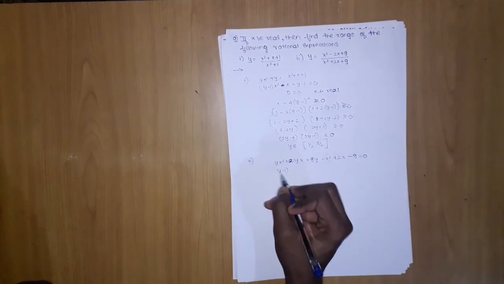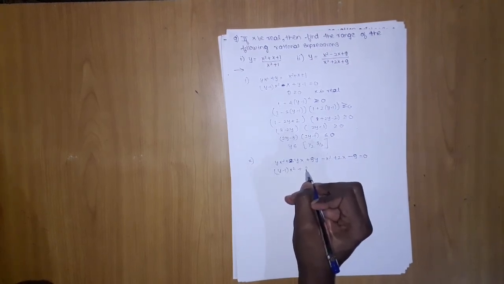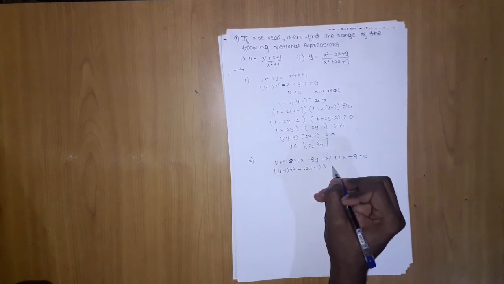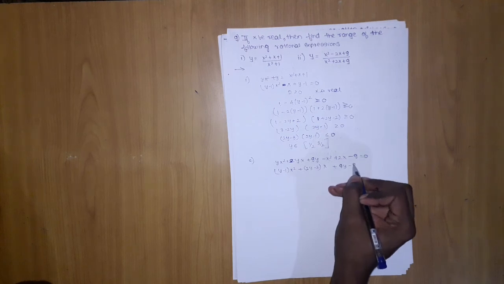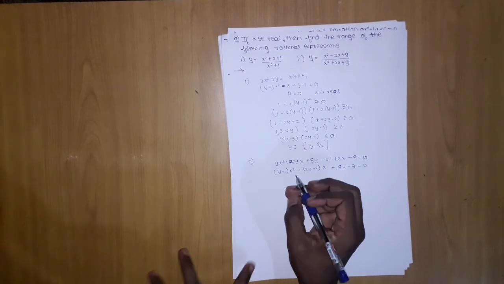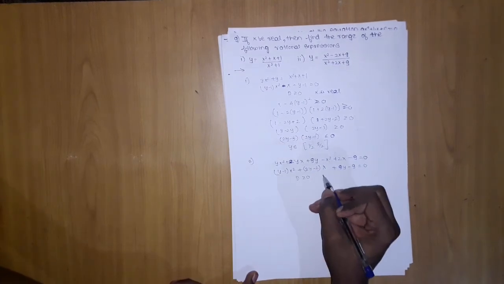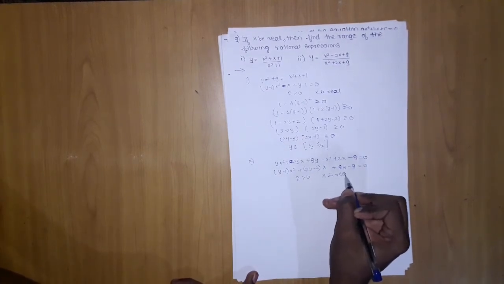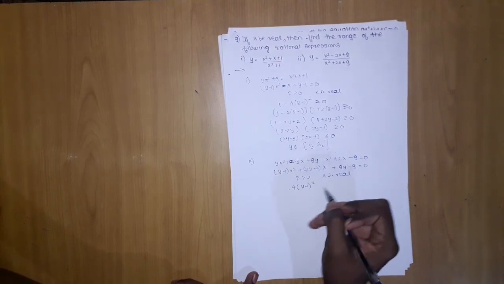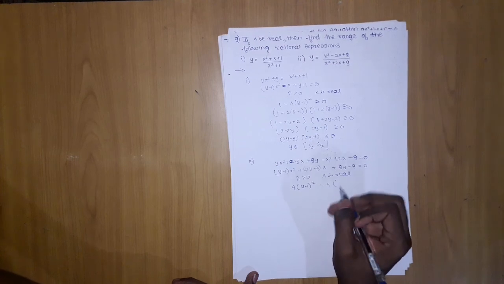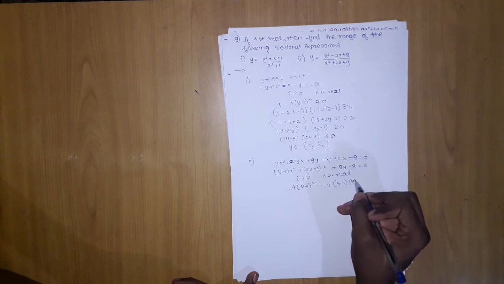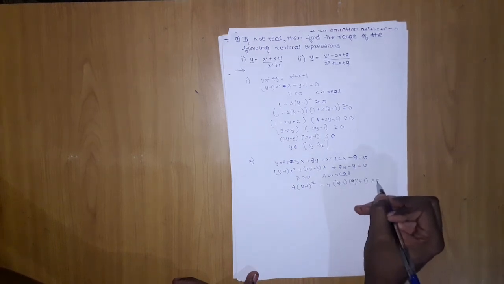So y minus 1 into x square plus 2y minus 2 into x plus 9y minus 9 should be equal to 0. Now we will apply D greater than or equal to 0 because x is real. When we apply this, we can take common, and this will be y minus 1 the whole square minus 4 into y minus 1 into, taking 9 common, y minus 1 again, greater than or equal to 0.